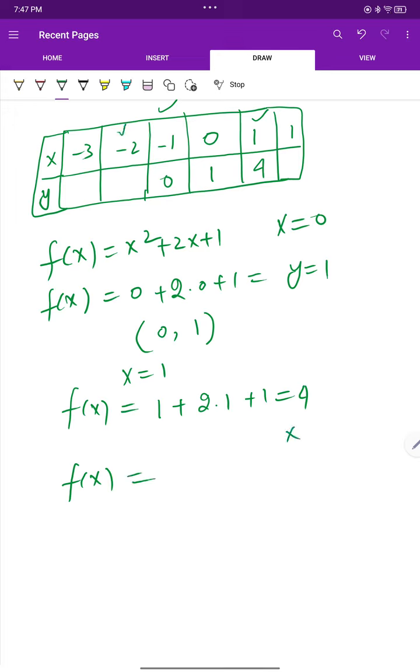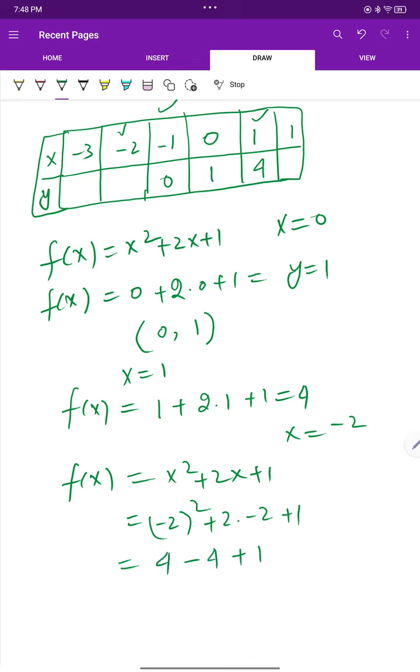When we put x is equal to minus 2 in x square plus 2x plus 1, we get minus 2 whole square plus 2 into minus 2 plus 1, so 4 minus 4 plus 1. So here we got value 1.